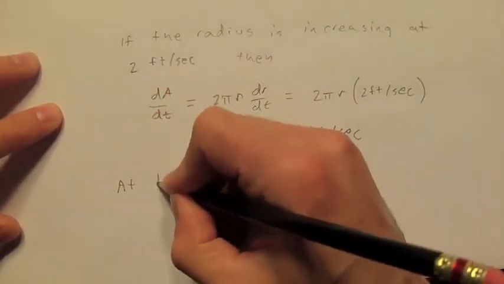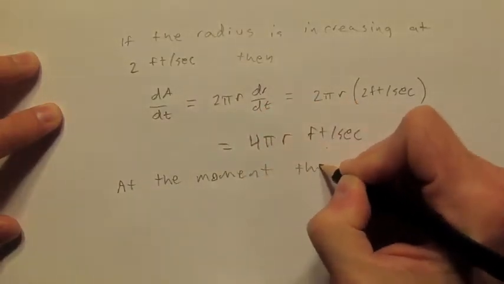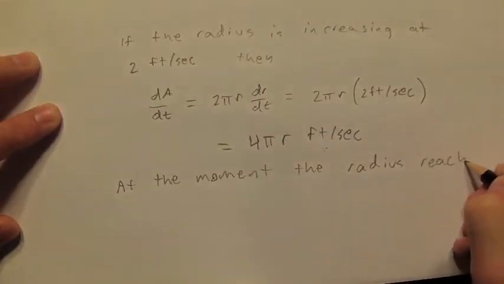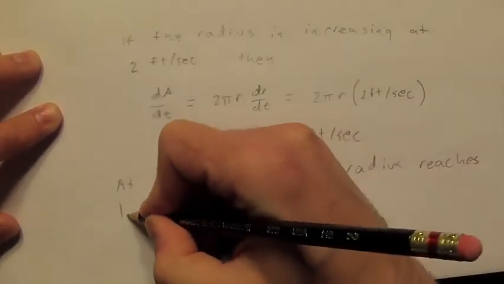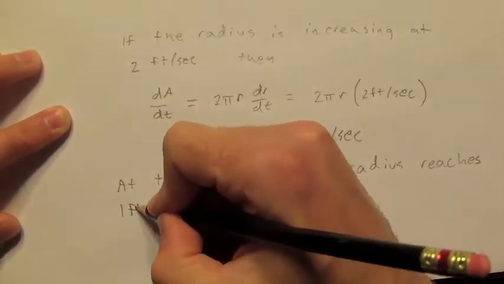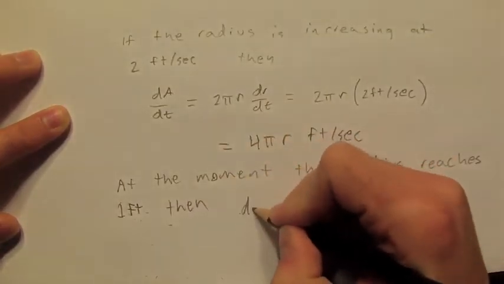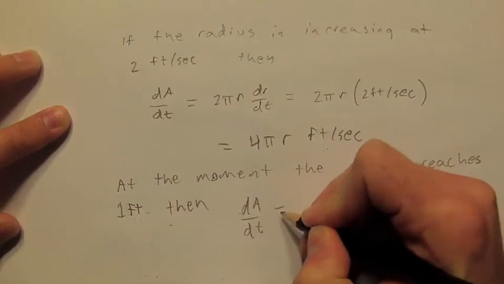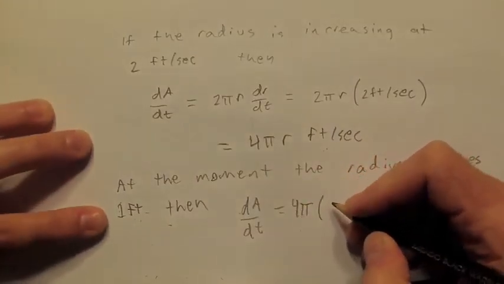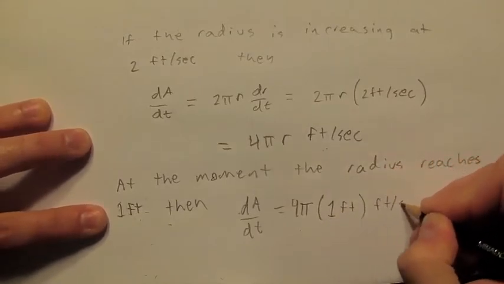So at the moment the radius reaches 1 foot, then the rate of change of the area will be 4 pi times r, which is 1 foot, feet per second.